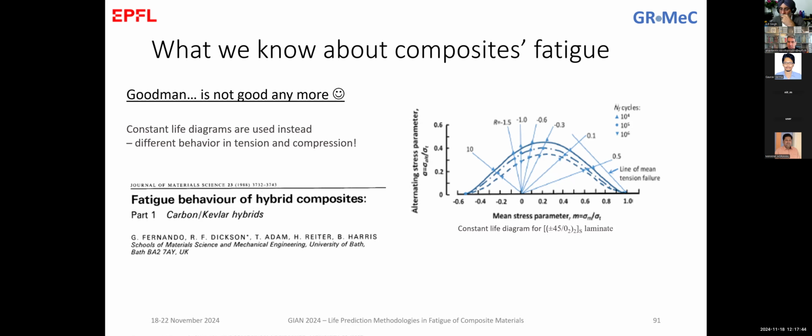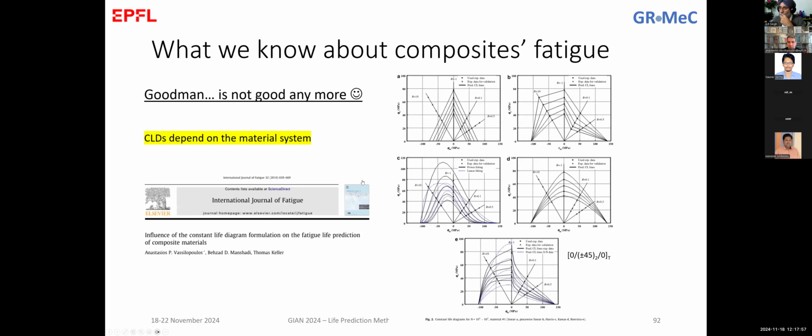This has been initially presented by, again, a work from the group of Harris back in the 1990s. It was in, yes, 1988 in this case. So the CLD, as we said, depends on the material.